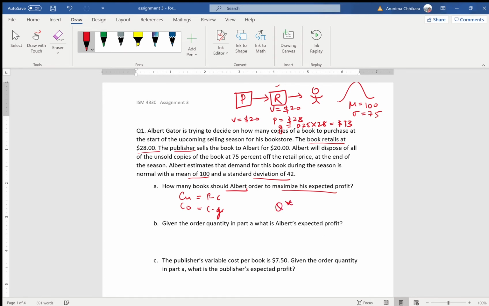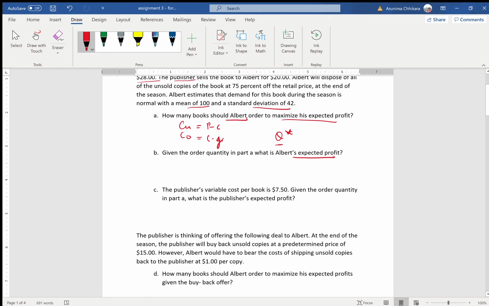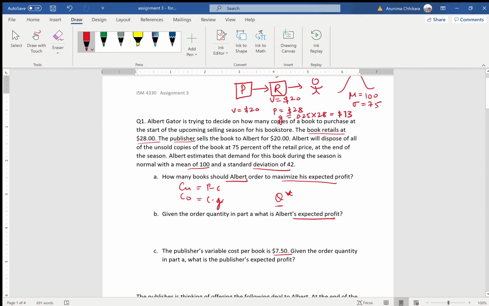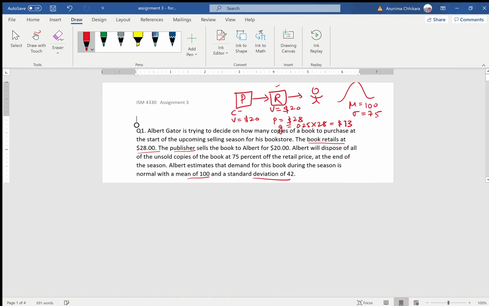Then the second question says, given the order quantity in part A, what is Albert's expected profit? For this, just go ahead and find the expected profit corresponding to that Q star. Then the third part, part C, says the variable cost per book is $7.5, so that becomes their input cost.